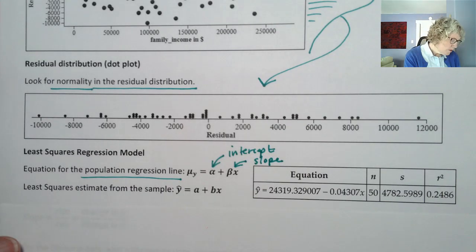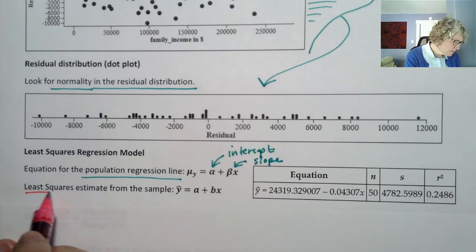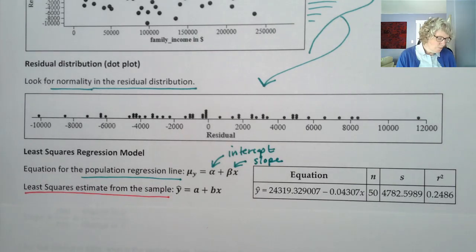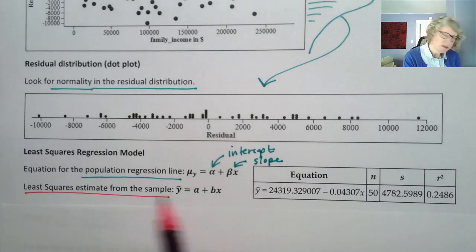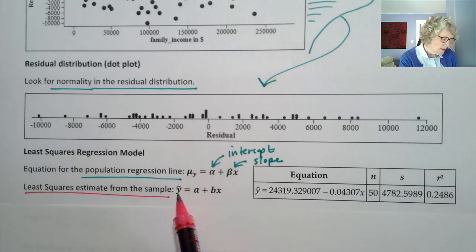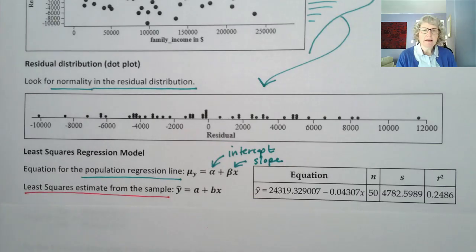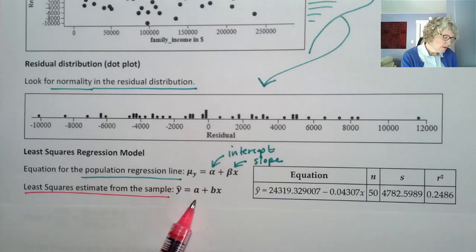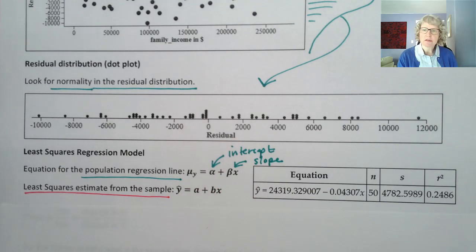Okay, so we are doing a least squares estimate from the sample. I'll explain the least squares again in just a second, because that was pretty fast before. So from our sample, we get y hat equals a plus bx. A is the estimate for the intercept, and b is the estimate for the slope.